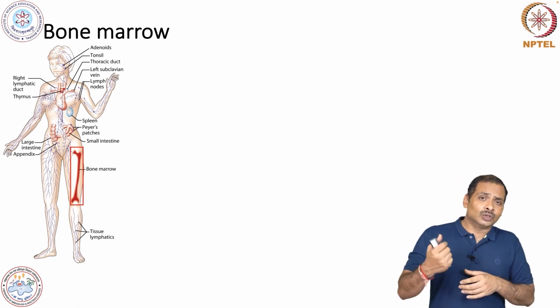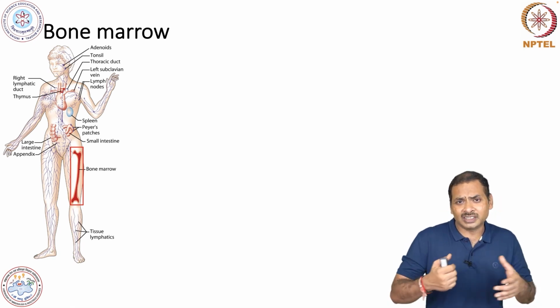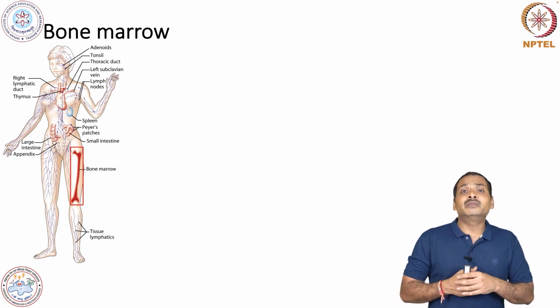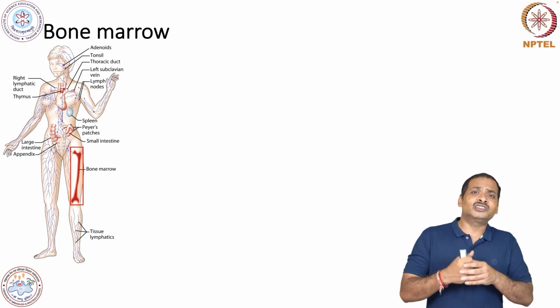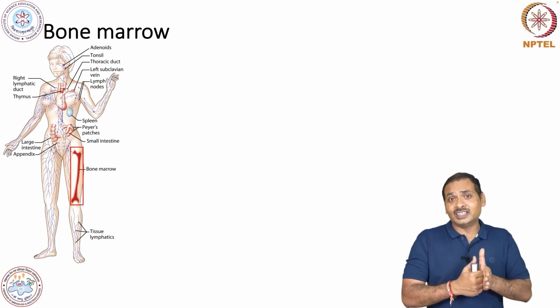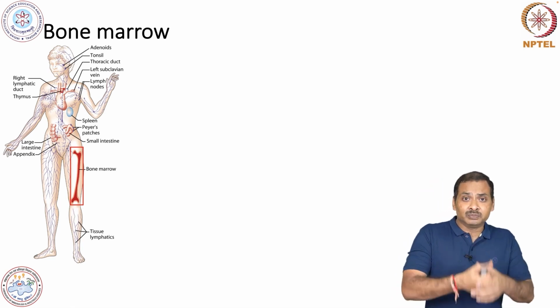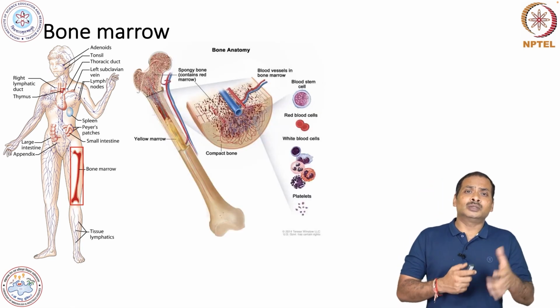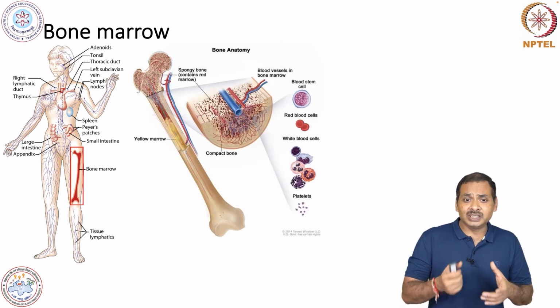There is one specialized cell which we call a hematopoietic stem cell. This hematopoietic stem cell differentiates into a variety of blood cells, as well as immune cells. In bone marrow, the most important cells generated are the B cells.